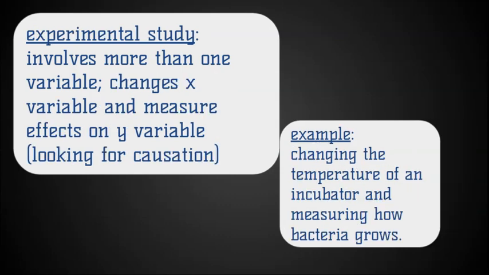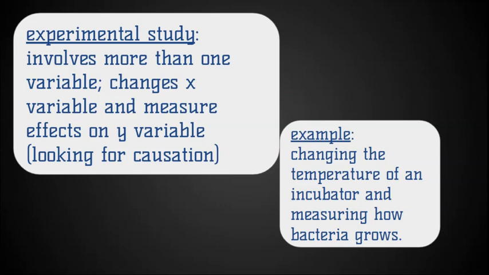An experimental study is the other study that involves more than one variable. So you have observational and experimental are more than one variable. When you have an experimental study, you change the X variable and then you measure the effects on the Y variable.